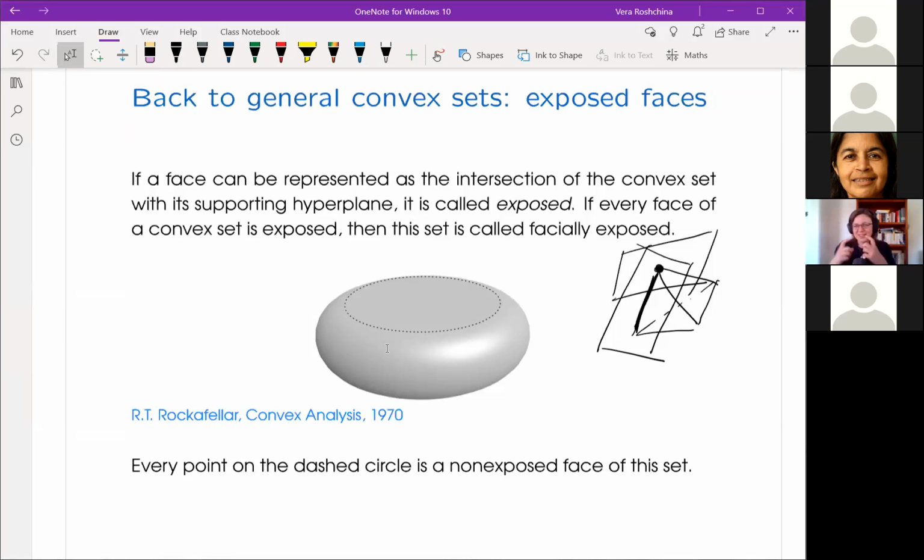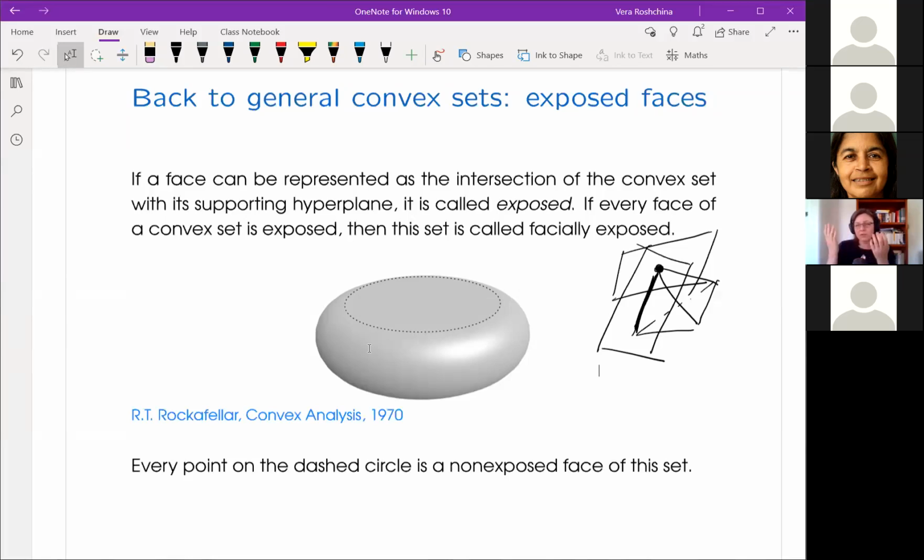What is a supporting hyperplane? Basically, if you take a hyperplane, it separates the space into two half spaces. A supporting hyperplane is such that you can fit your convex set entirely in one of those half spaces, non-strictly.